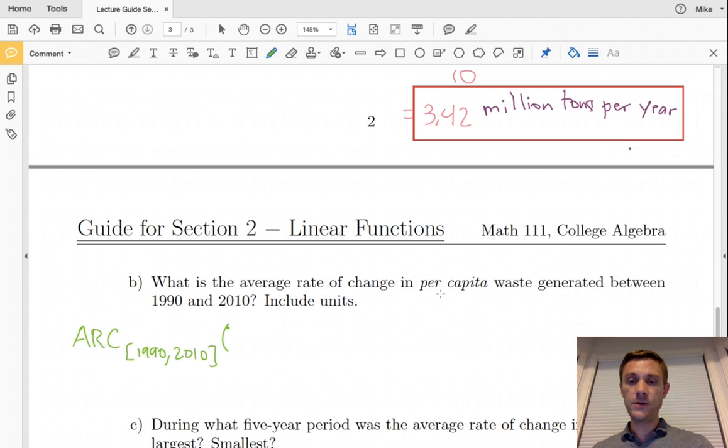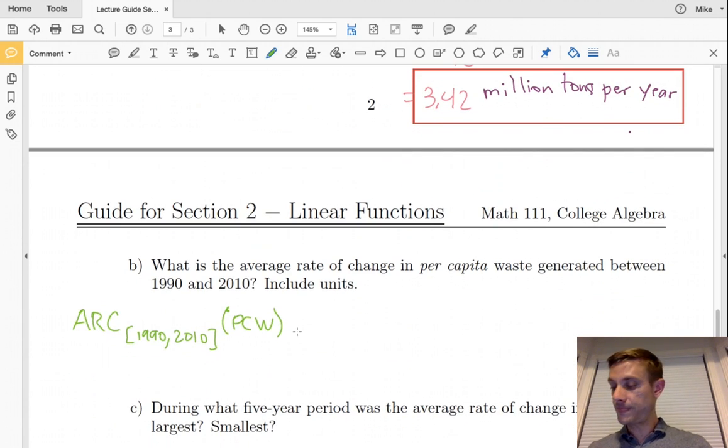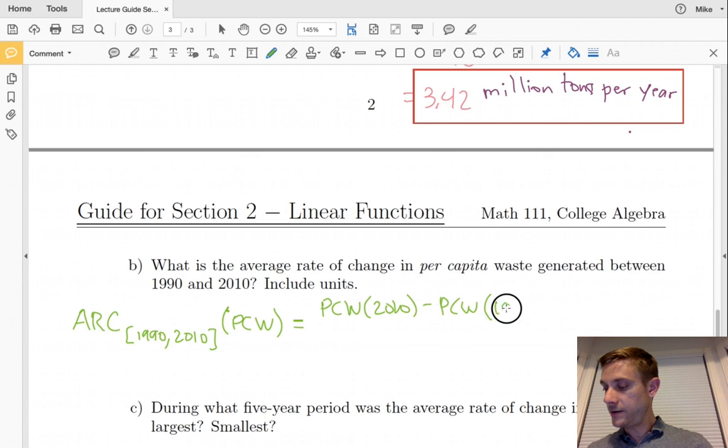And then, so it's per capita waste, so maybe I'll write PCW instead, just to differentiate it from this total waste calculation we did up above. So this is like per capita waste at 2010 minus per capita waste at 1990.